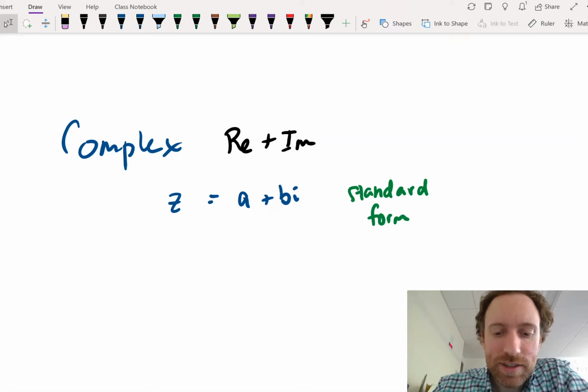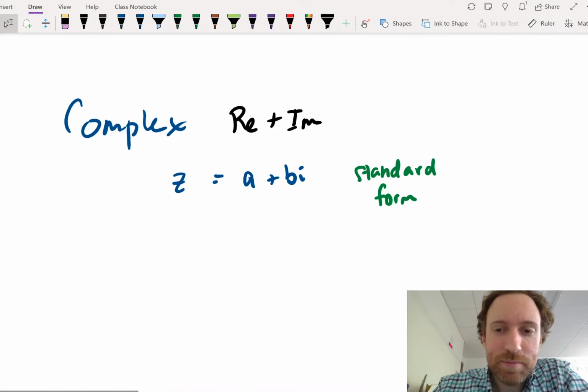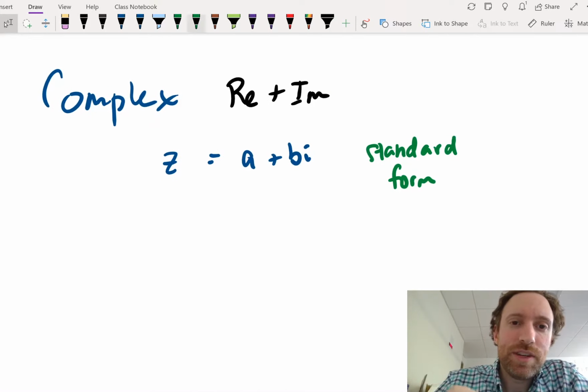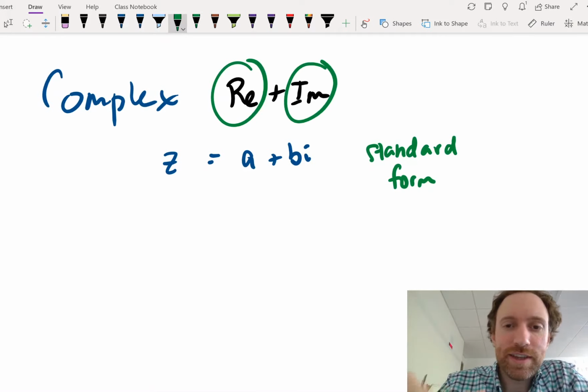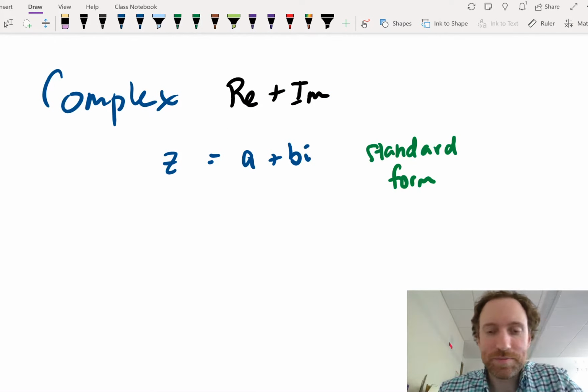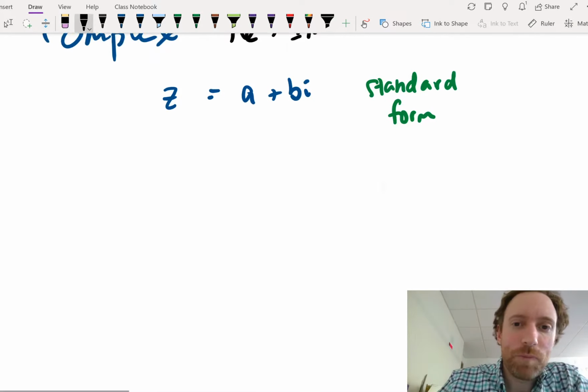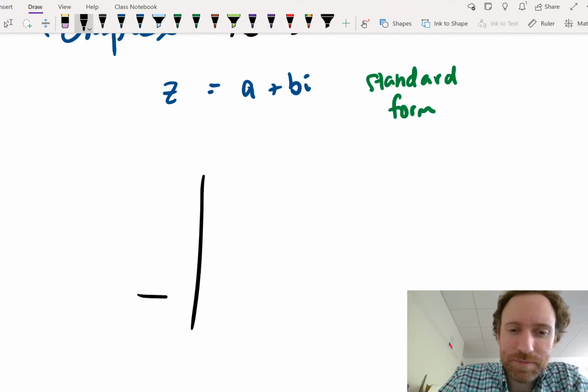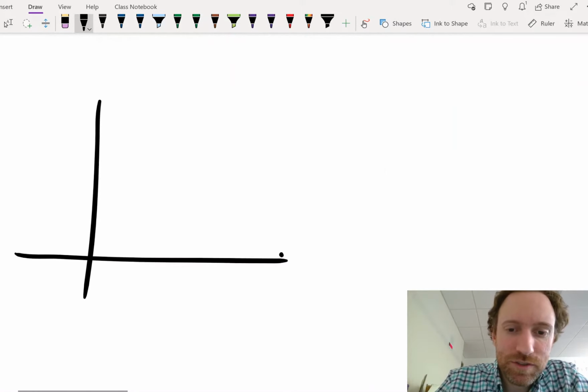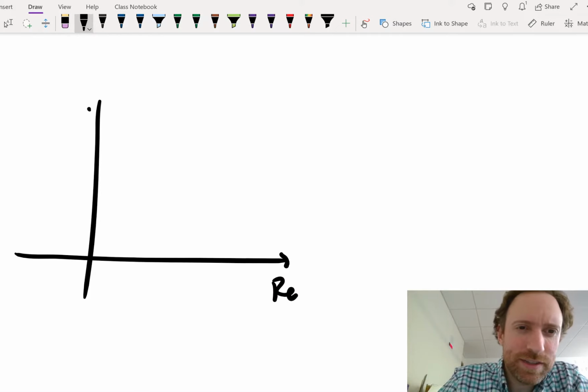Complex numbers can be graphed, but to graph them, you need a real axis and an imaginary axis, like so. We can achieve that with a two-dimensional graph. Here we have a real axis, here we have an imaginary axis.